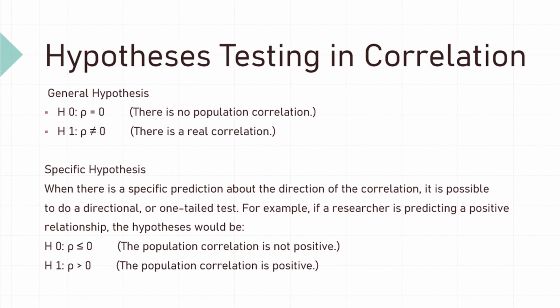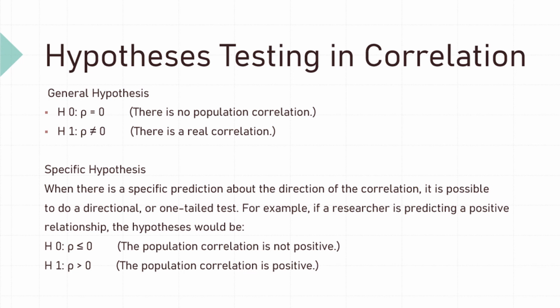For example, if a researcher is predicting a positive relationship, the hypothesis would be H0: rho is less than or equal to 0, the population correlation is not positive, and H1: rho is greater than 0, the population correlation is positive.